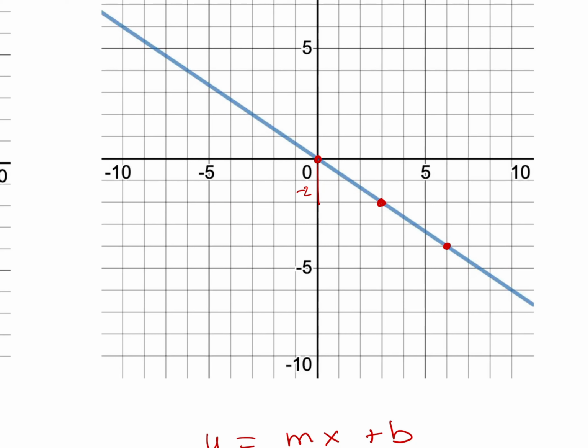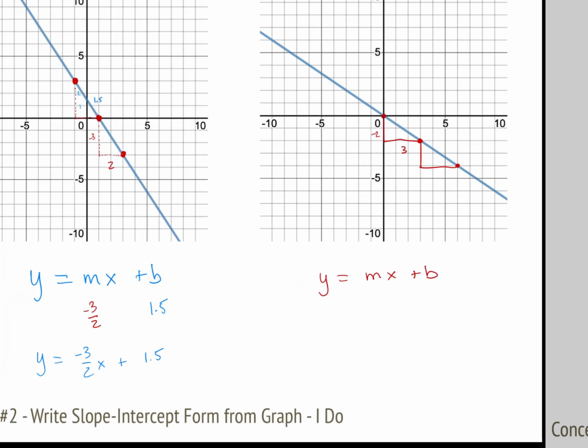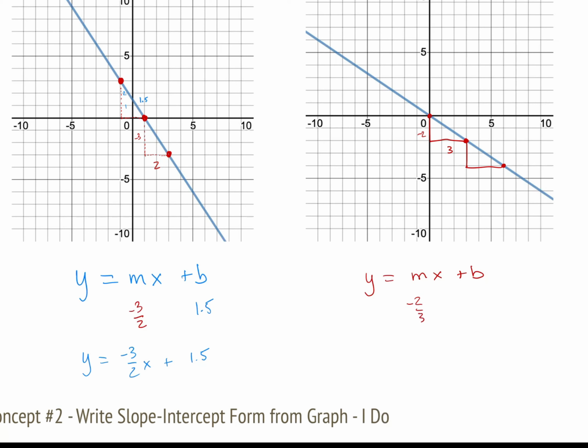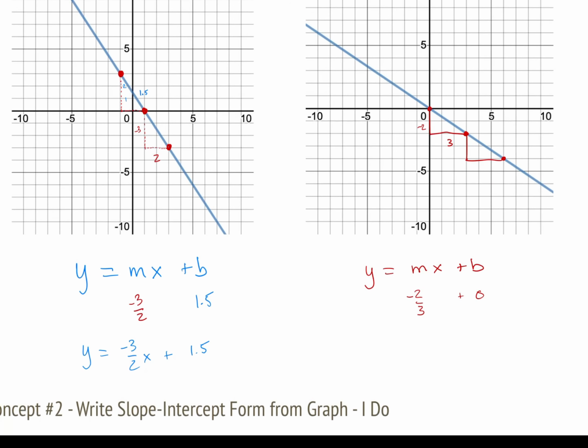And only the y will be negative. And then over 3 to the right. And I see it again, down 2 over 3. So -2 over 3. And I see it crosses at 0. So that means my y-intercept is 0. So same thing, I have y equals -2 over 3x plus 0.